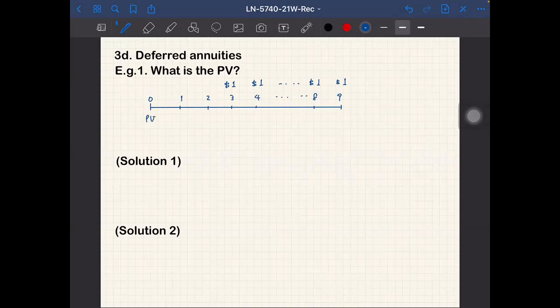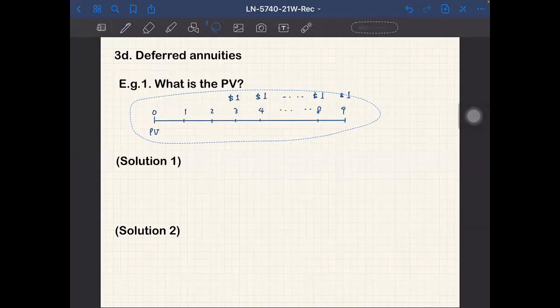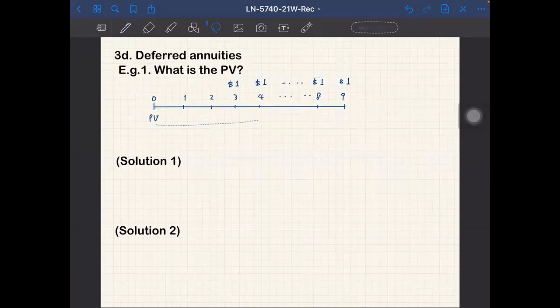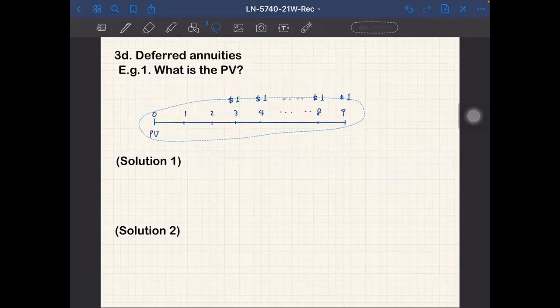We have 2 ways to think about it. At first, this is the new one. We think about this as the difference of 2 different annuities.